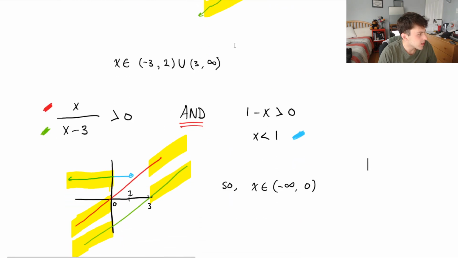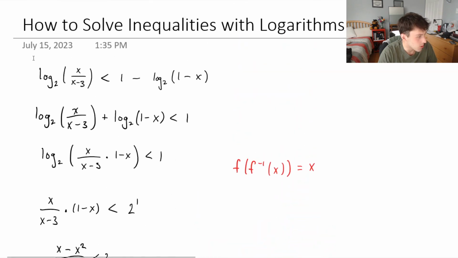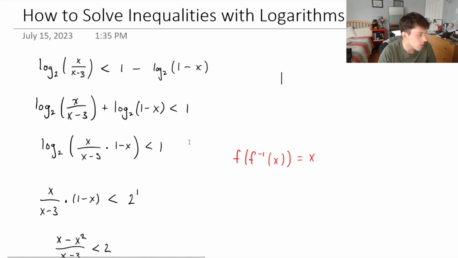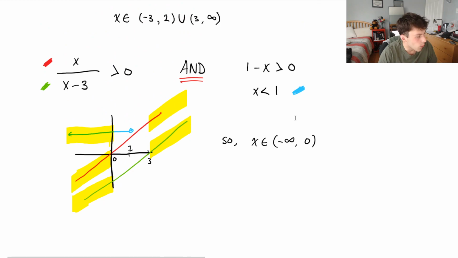It's kind of confusing because we got two separate answers, right? We had this answer, and this was the answer that was just the solution to our inequality with the logarithms. And then we got a completely different solution set for the domain on the logarithms. So the answer would actually be when you take the strictest domain of these two domains.